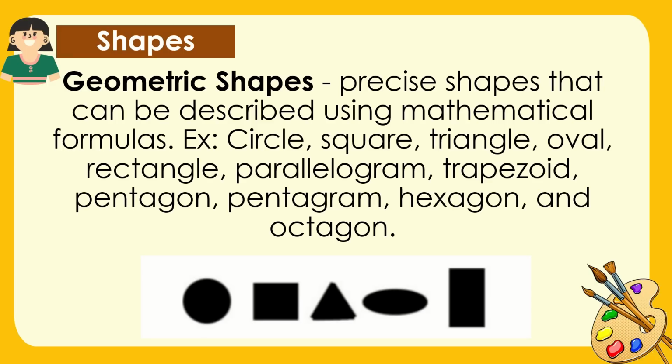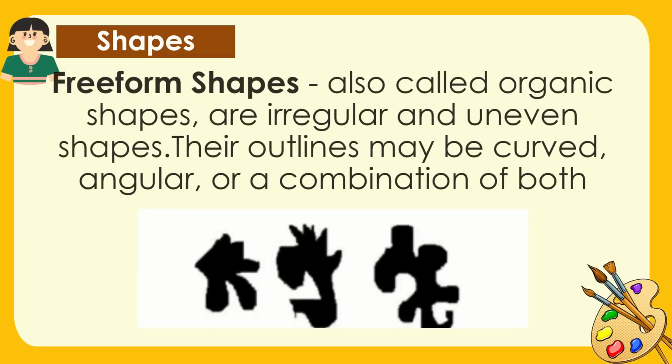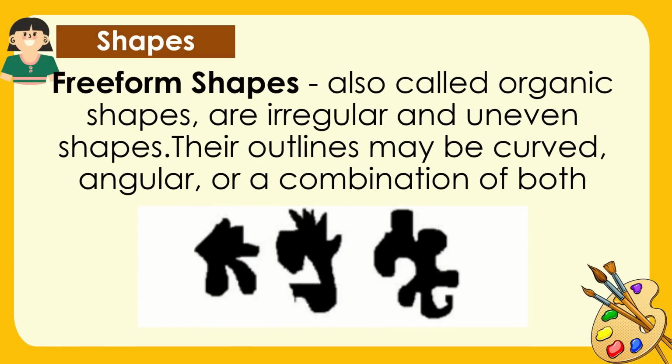Example: circle, square, triangle, oval, rectangle, parallelogram, trapezoid, pentagon, pentagram, hexagon, and octagon. Free-form shapes, also called organic shapes, are irregular and uneven shapes. Their outlines may be curved, angular, or a combination of both.